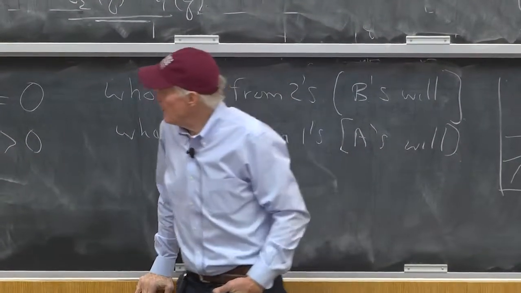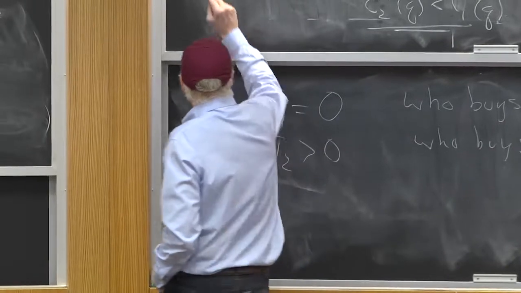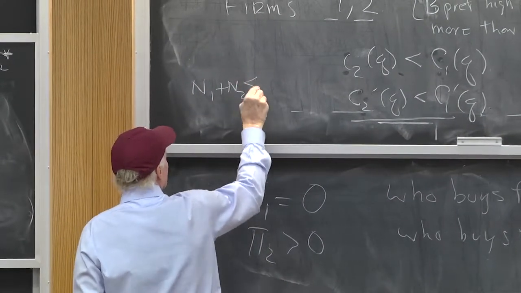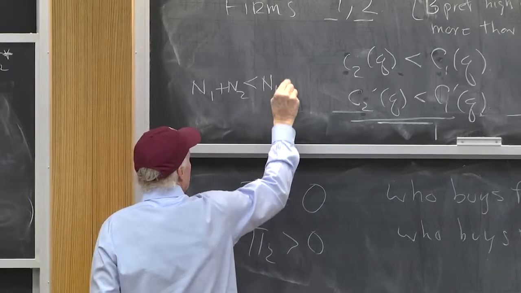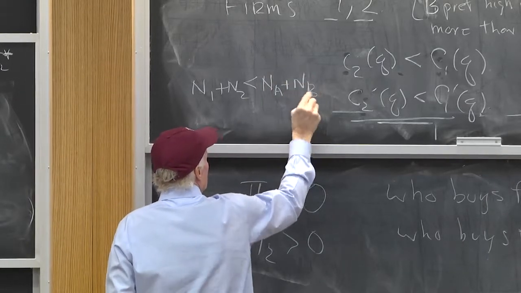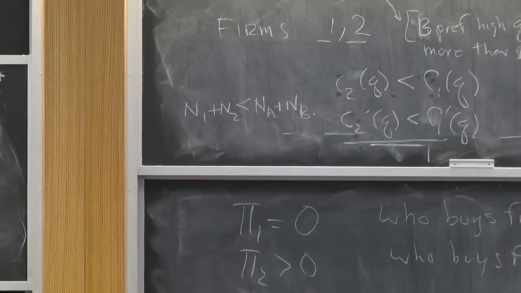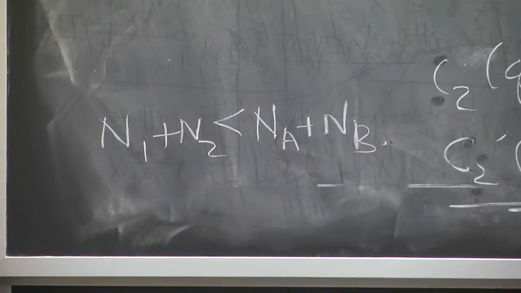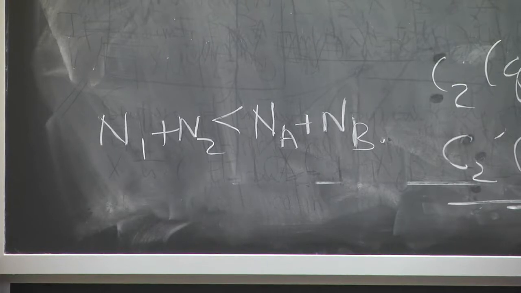Now, what would happen if I switched it and I made it N1 plus N2 less than NA plus NB? I'd have to bring something else in now. What else? What would happen now? Now what's going to happen?